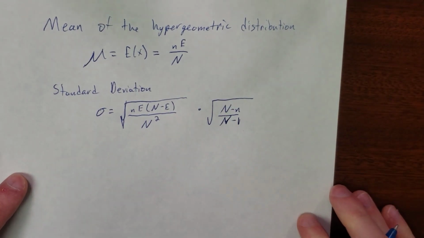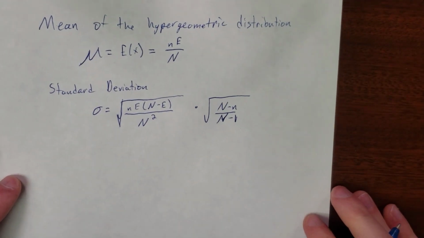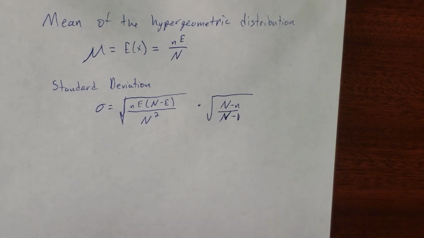Okay, so that would be our formula for the standard deviation. Don't worry so much about where those formulas come from, that's just what they are. And so, that's it for the formulas for this section.